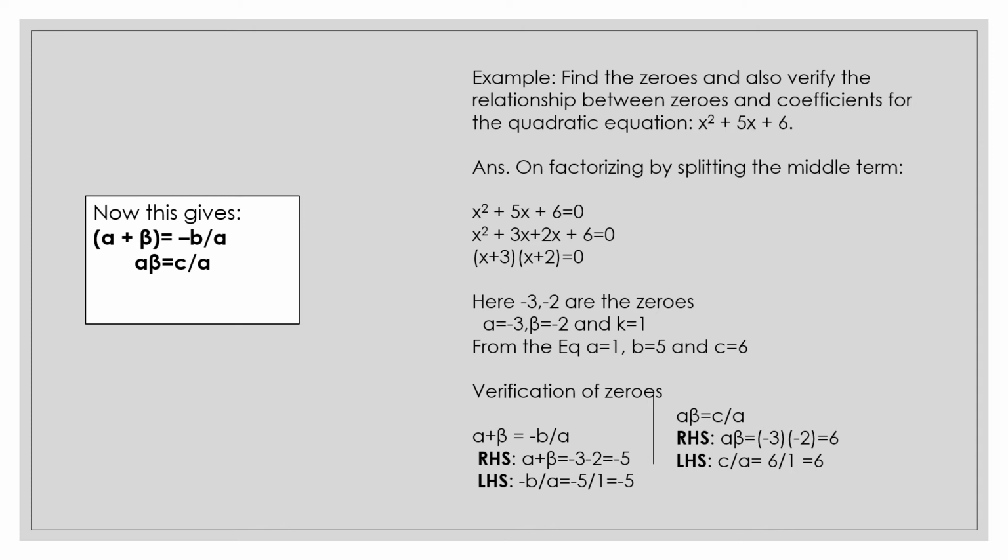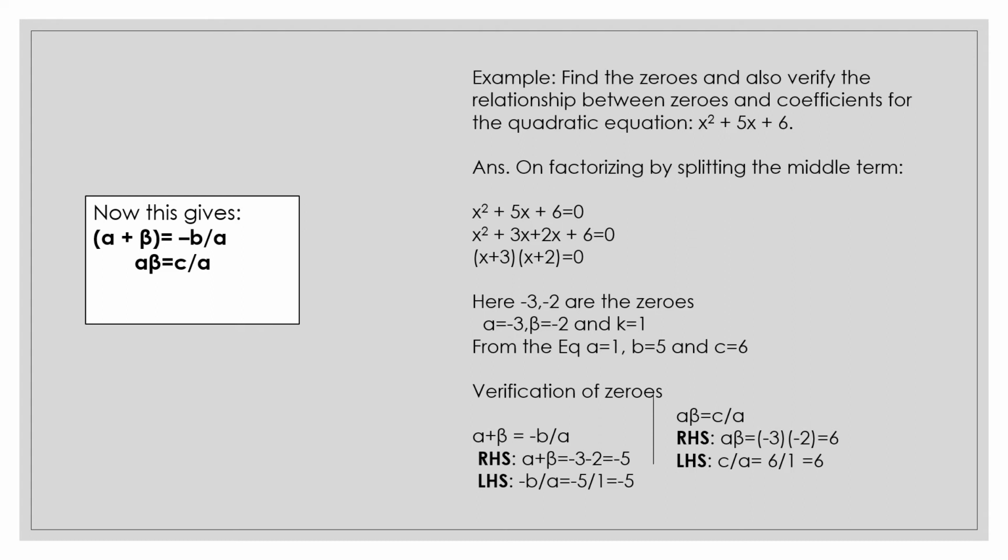I hope you guys are familiar with the concept that is splitting the middle term. And on splitting the middle term, we get this form of equation, that is x plus 3 into x plus 2 equal to 0. And on equating x plus 3 equal to 0, we get the first zero, that is minus 3, and the second zero is minus 2.